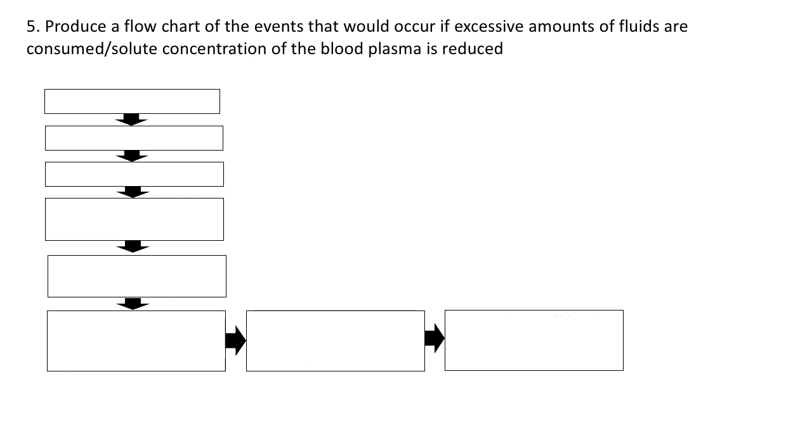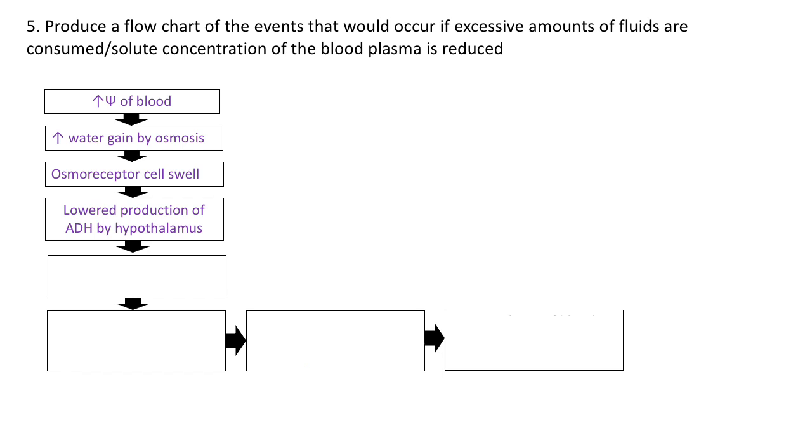Okay, so pause the video and have a go at completing the flowchart, and then we'll go through answers. So you've drunk a lot of fluid and that has diluted the blood, and so that would increase the water potential of the blood. You'd then get increased water gain by osmosis of the osmoreceptor cells, and then they would swell.